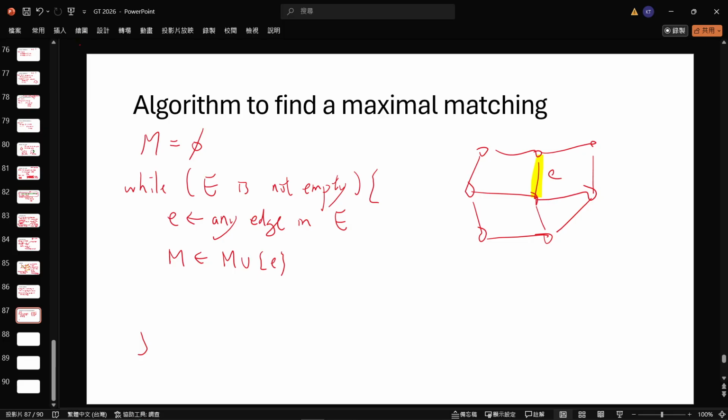So a very simple way to achieve this is that after I choose this edge E, I just remove all the adjacent edges. Okay, and I just repeat until all the edges are removed.